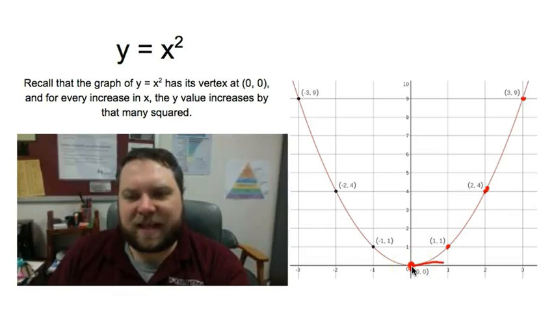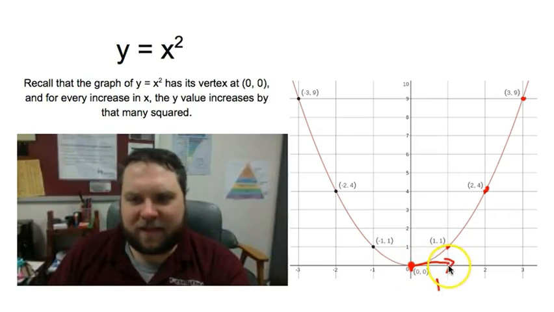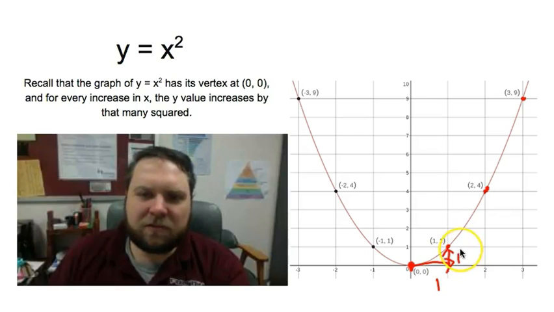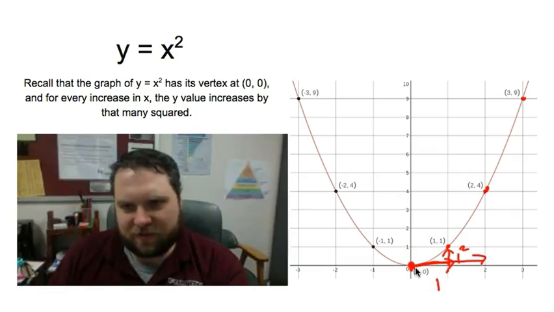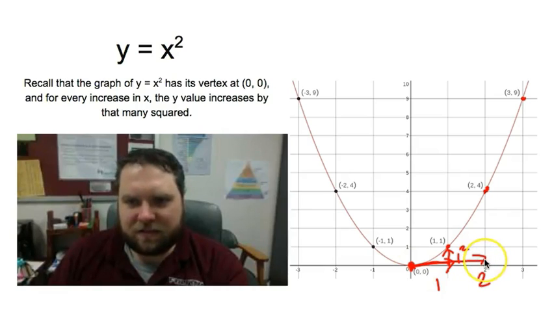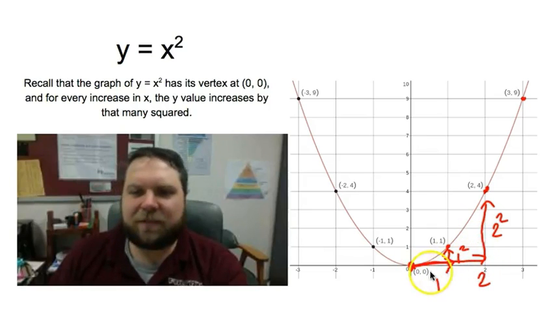But from the vertex, for every unit that we go over, left or right, doesn't matter, we go up by 1 unit squared. Or if I go over 2 units, then I would go up by 2 squared, which is 4. So over 1, up 1. Over 2, up 4.